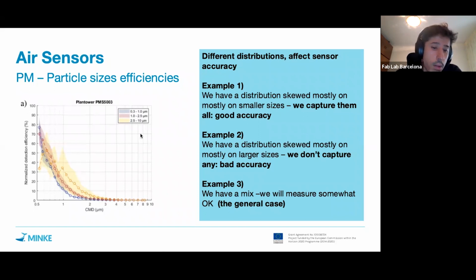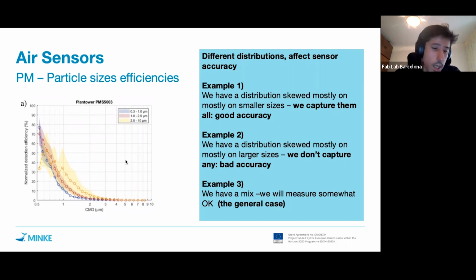And this last example, of course, is the general case. So we don't know what distribution we have in general, and unless we know that we are always measuring on the low end, the sensor cannot be used, of course, as a fine instrument, especially on the higher end.